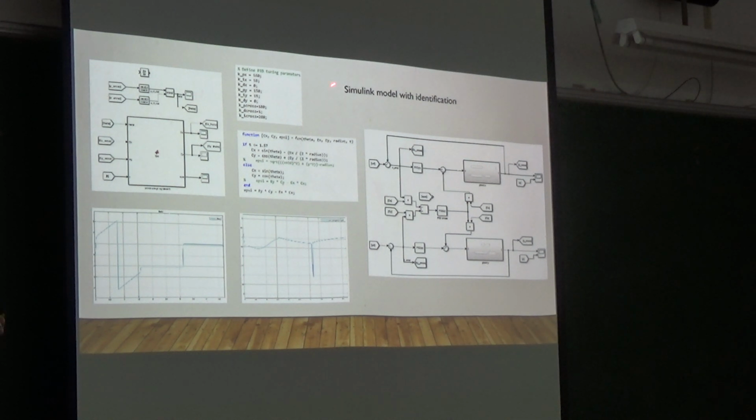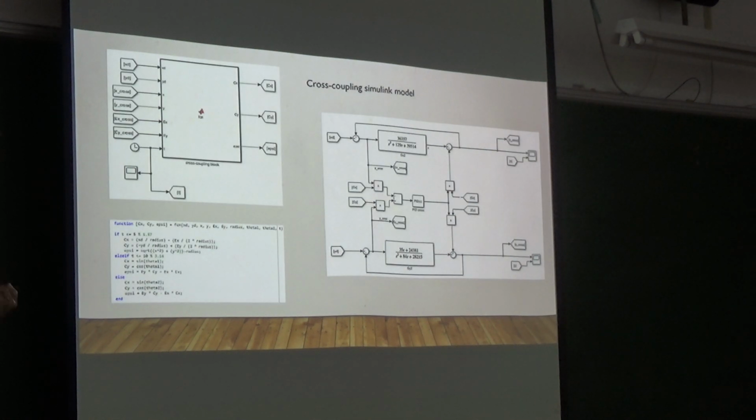At first we tried the identification, but there was some uncertainty and it wasn't working that way. So at the end we discussed with the professor that we would just use the transfer function and do the cross-coupling without the identification.